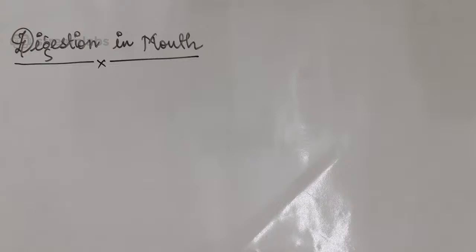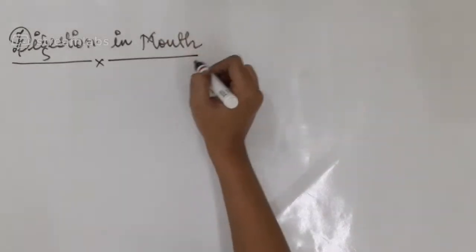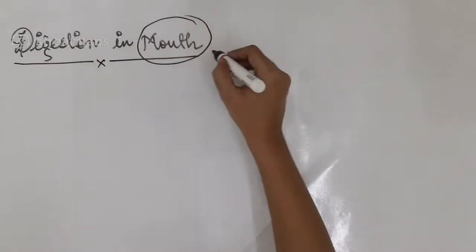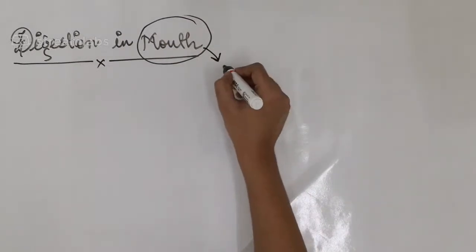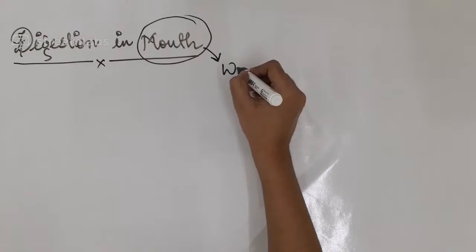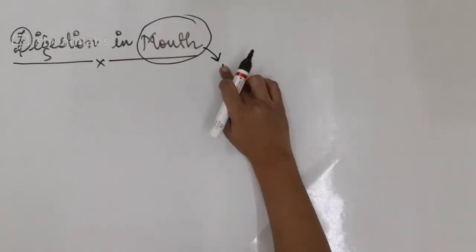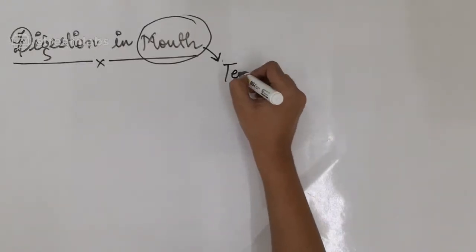The food is ingested through the mouth, which opens into a small chamber called the mouth cavity or buccal cavity. Its main function is to receive food and start digestion. In this organ called the mouth, we have teeth.